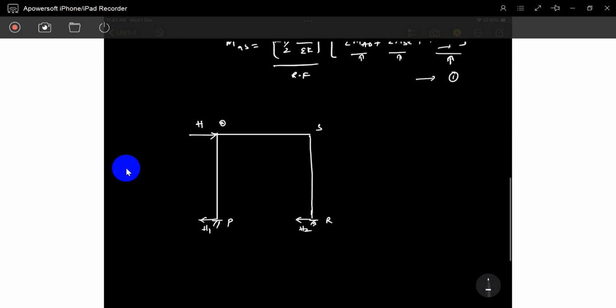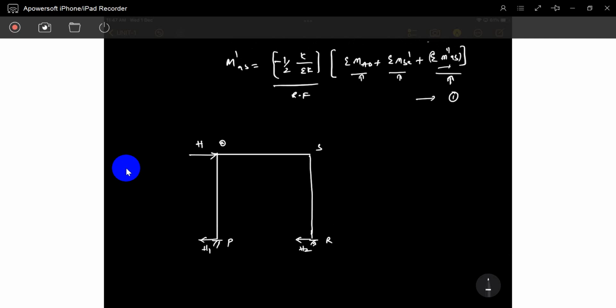For this whole proof you will consider the lengths of the two columns to be the same. If different, we will discuss that in later classes. Okay, see, the lengths of the columns are the same, you expect it. Otherwise, sir, only single bay frames are what you are doing.